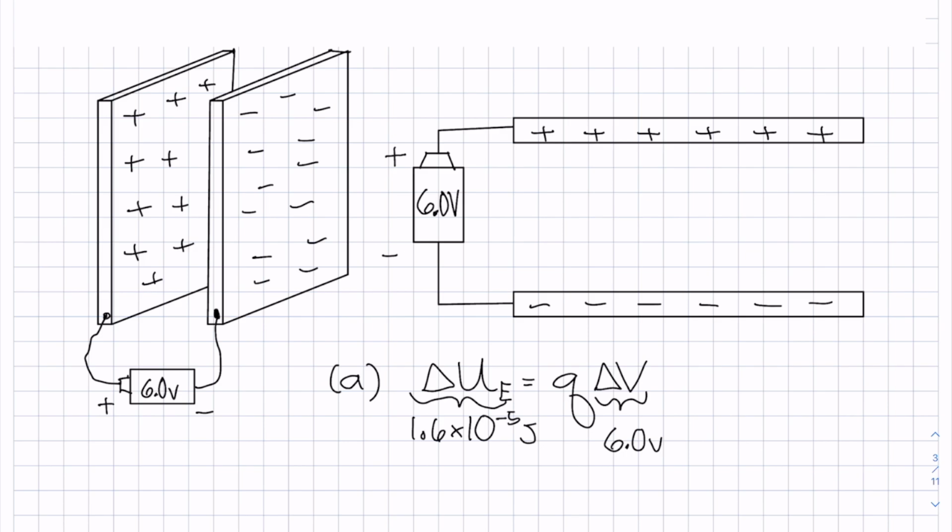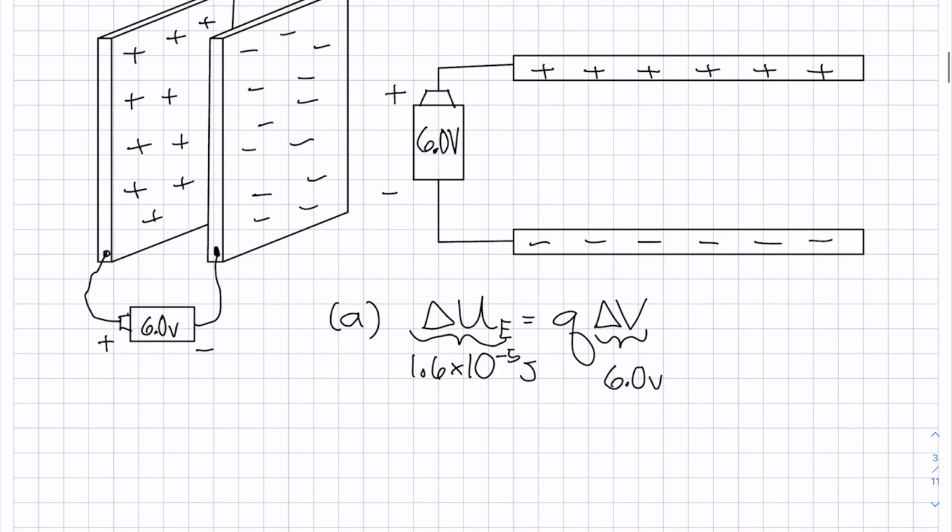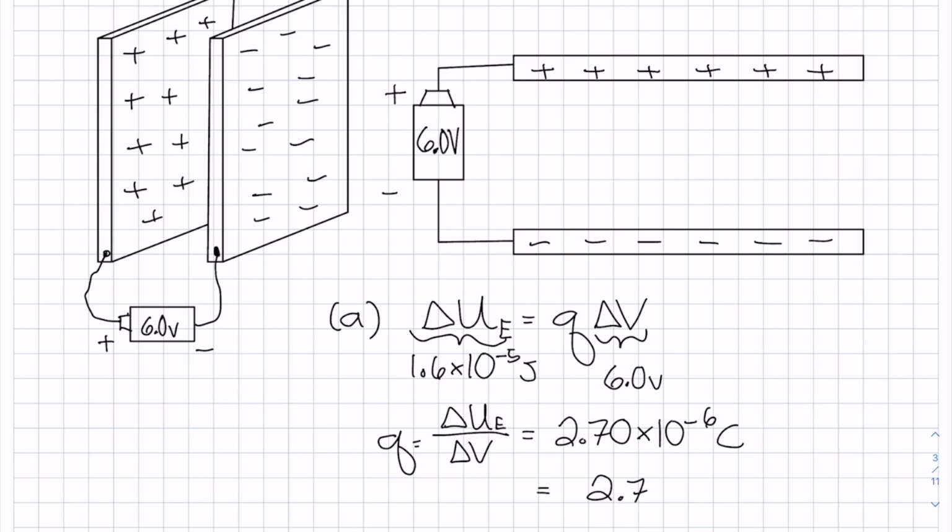We know it's a positively charged particle, and you can just solve for Q here. So Q is just going to be delta UE over delta V, and when you do that, you're going to get 2.70 times 10 to the negative 6 coulombs, or 2.7 microcoulombs.